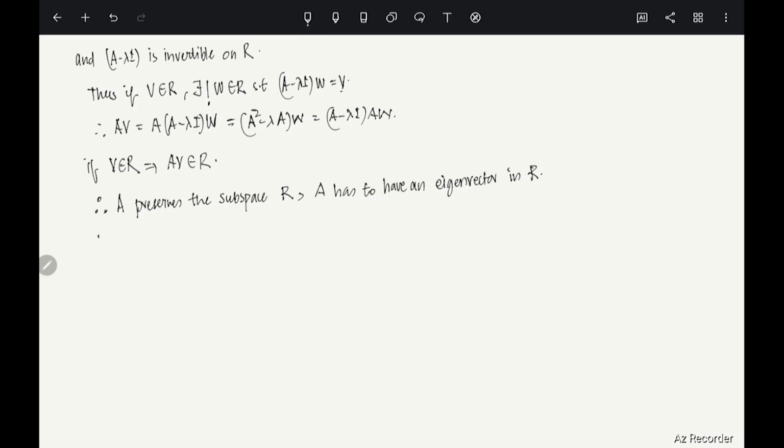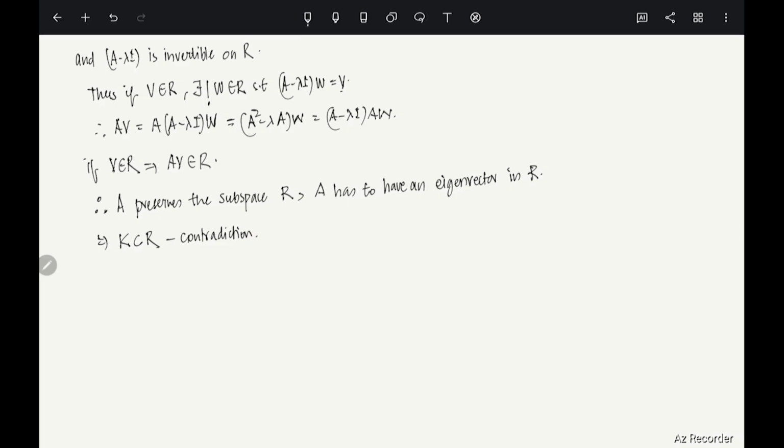Okay. Then that will imply that K has to be containing R, which is a contradiction, because we have assumed that K is not contained in R, right? So that's a contradiction, and this follows.